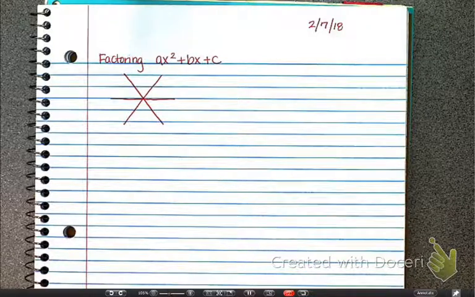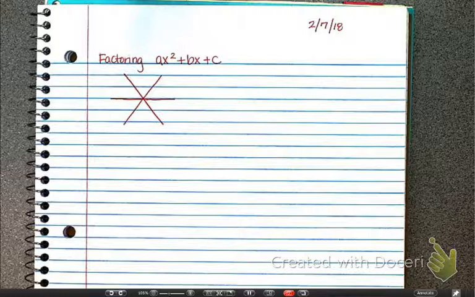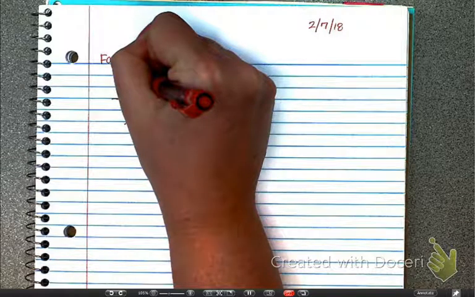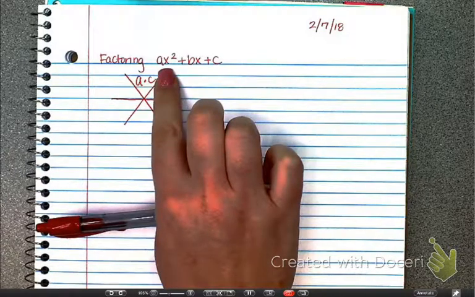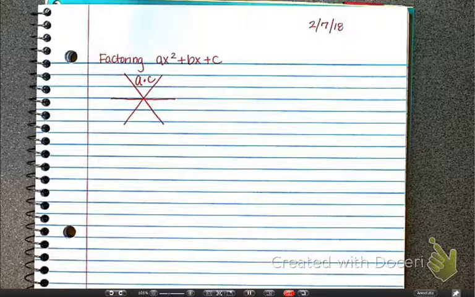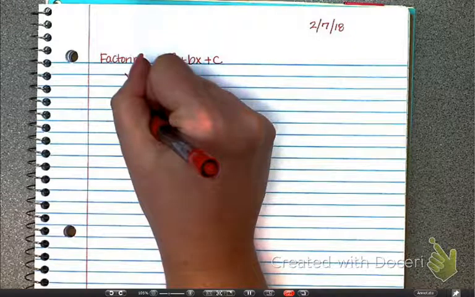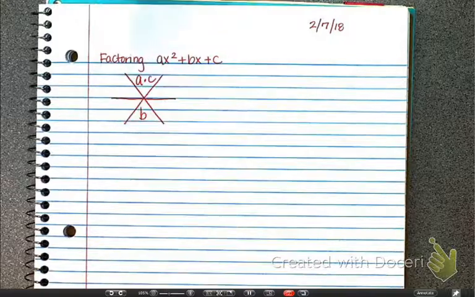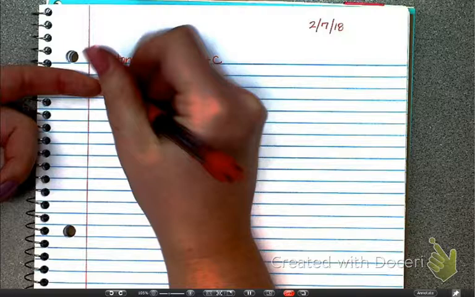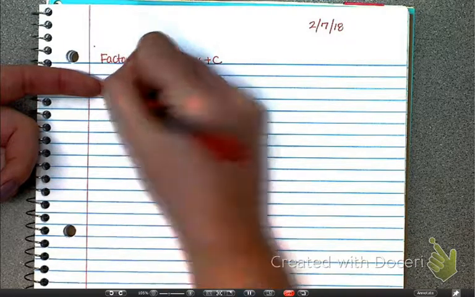Okay? On top of the super X, just like before, it's our A times C. Before it was 1. Remember I said 1 times C went on top? It's A times C. What do you think is going to go on bottom? B. That doesn't change. Now on top of the super X here, you put your A term and whatever your variable is.